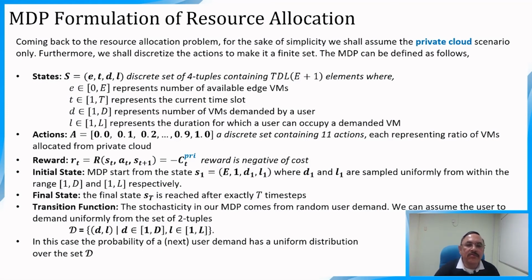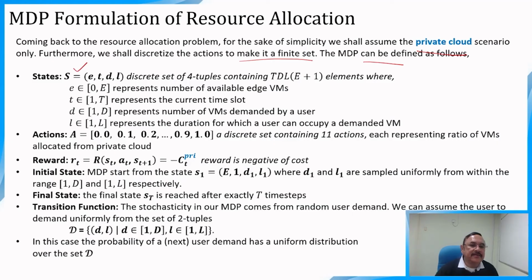Now, MDP formulation of resource allocation. Now, coming back to the resource allocation, for the sake of simplicity, we shall assume a private cloud scenario only. Furthermore, we shall discretize the action to make it a finite set. The MDP can be stated.